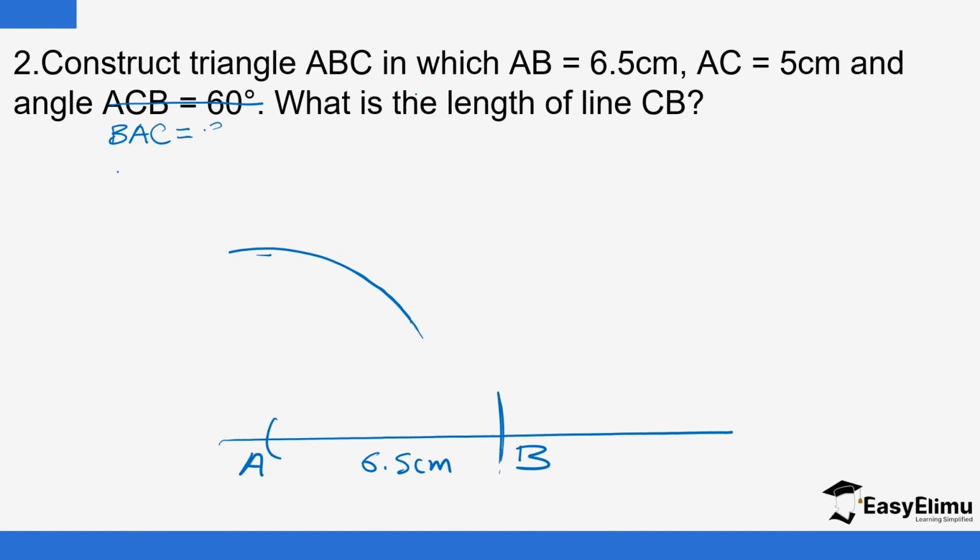BAC is equal to 60 degrees. So it means then that angle is supposed to be constructed here. So I need to construct an angle of 60 degrees at point A.